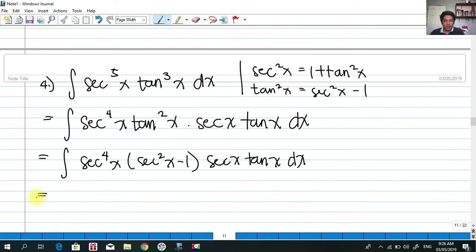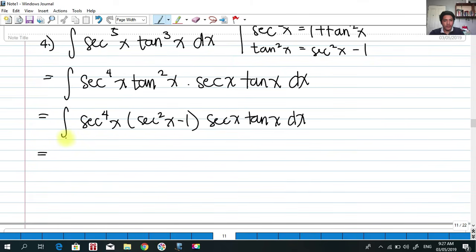So we have now our integral. Okay, so we now let u equal to secant of x. We now let du with respect to x be secant of x tangent of x dx, and that is available in our function.